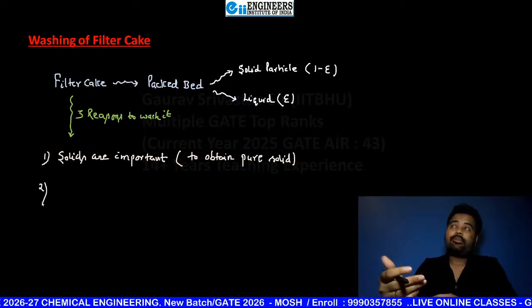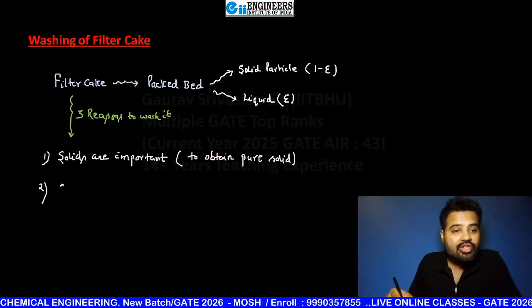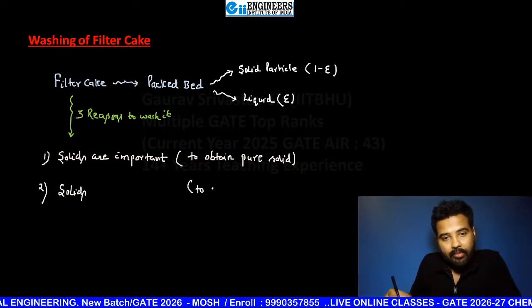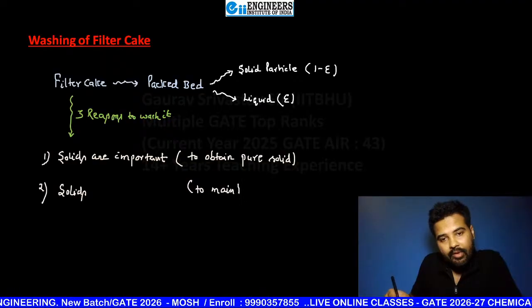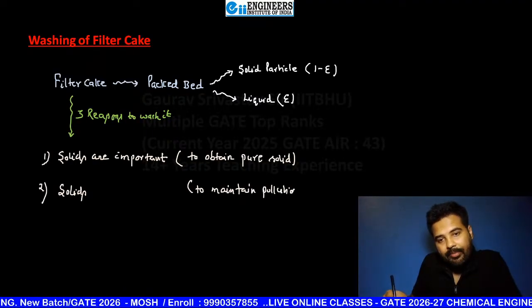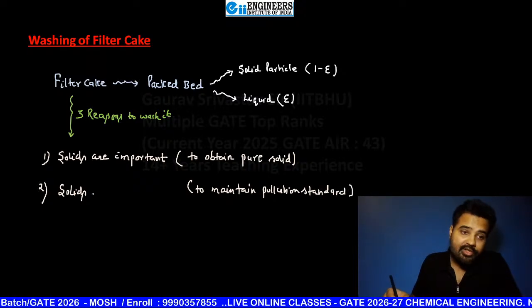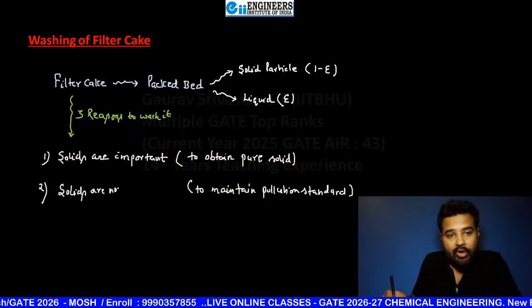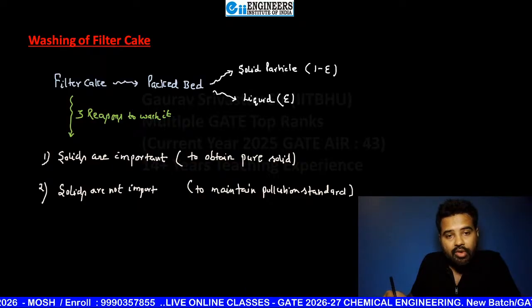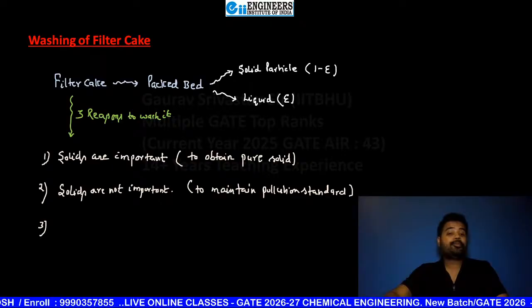So for that purpose, to maintain pollution standard, even if solids are not important, you are still going to wash it. So this is reason number two.